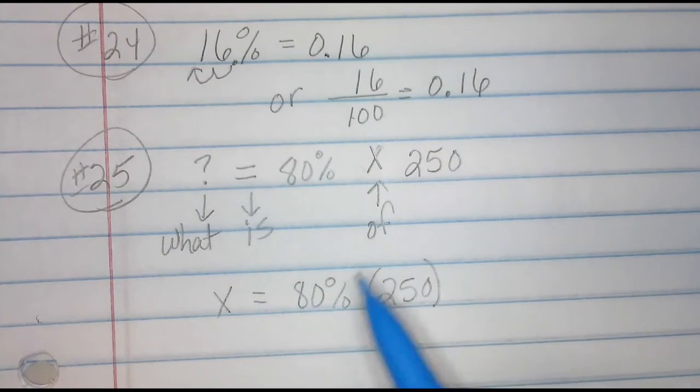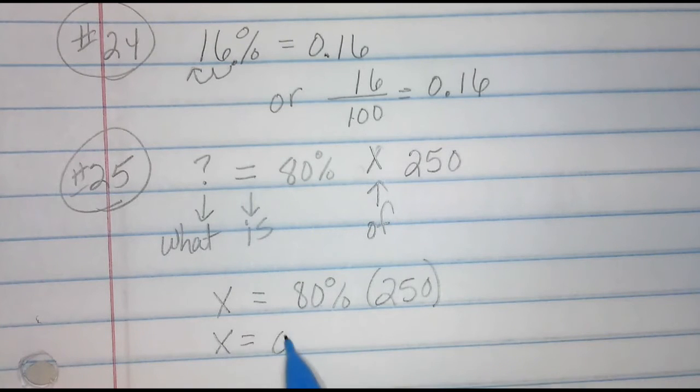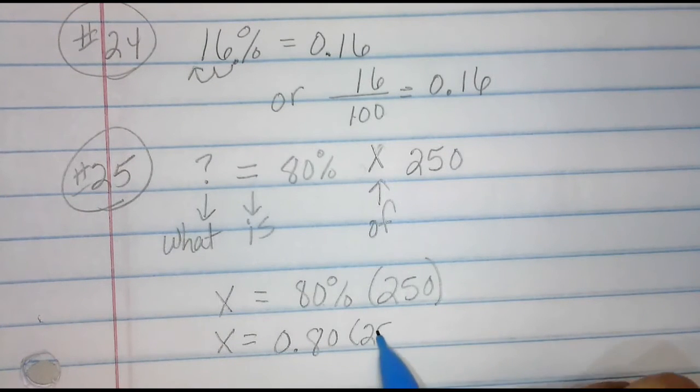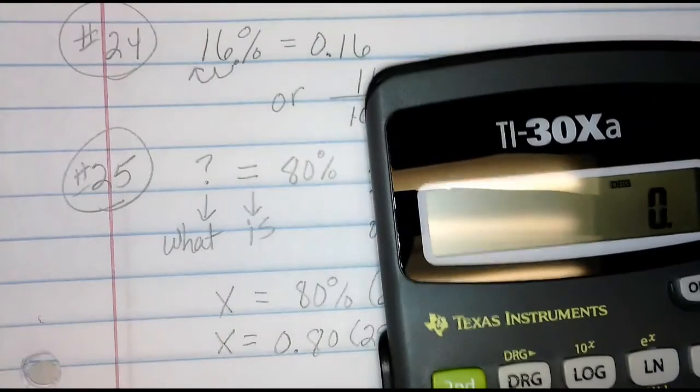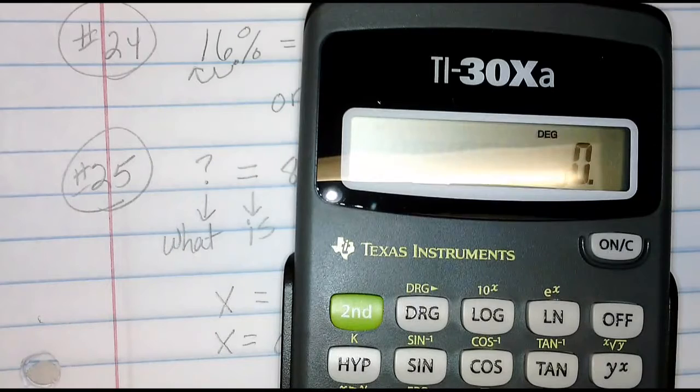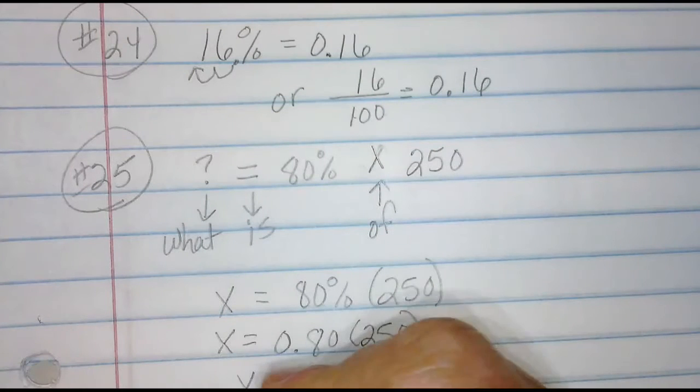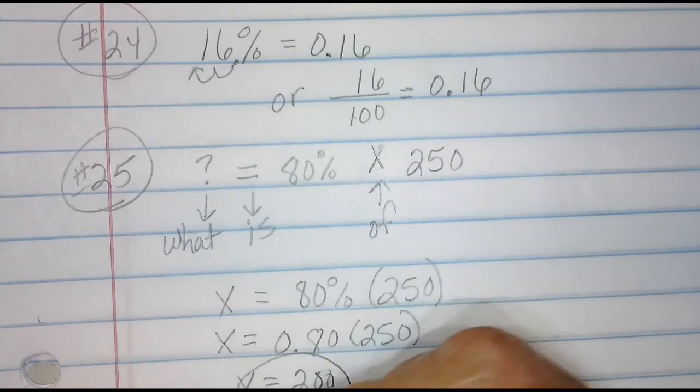We change 80% to a decimal, so it's 0.8, or you can do 0.80 if that makes you happy. Then we multiply that by 250 in the calculator. 0.8 times 250 gives 200 as our answer. So x is 200.